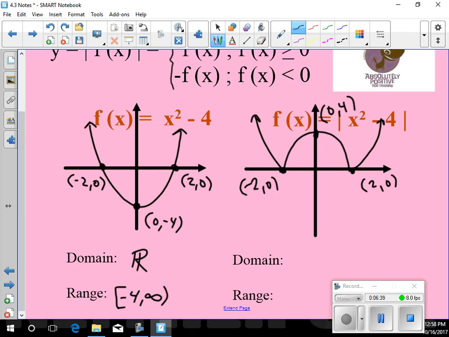Okay, you see how it flips over the x-axis there. Let's talk domain on this. Domain? Any change? No, all reals. Range now. Well, if I take the absolute value, that means the least possible value would be 0. So we would have 0 to infinity as our now range for this function. These are interesting graphs.